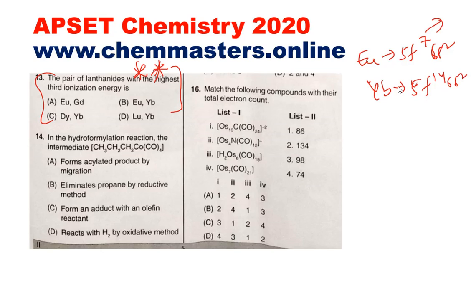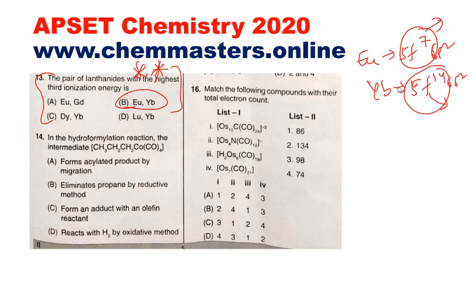So the third ionization energy is very high, because europium is having a half filled f orbital and ytterbium is having a completely filled f orbital. That's why it is very difficult to remove the third electron. So the third ionization energy is very high. So option B is the correct answer.